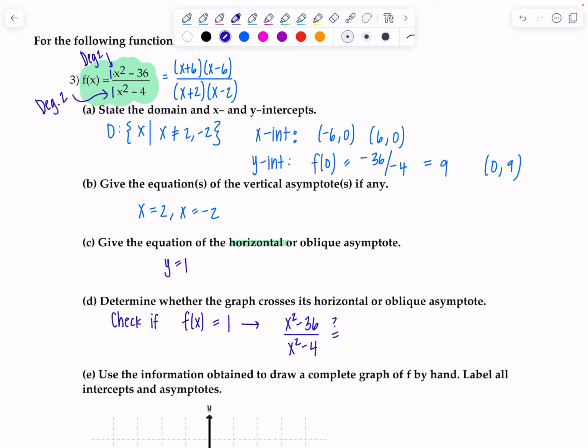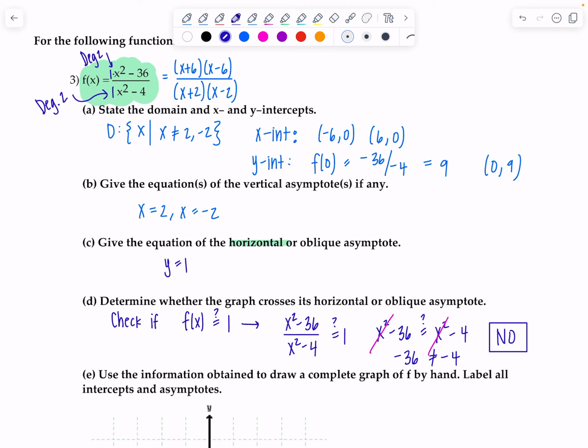Does that ever equal 1? I should put a question mark. So if I just multiply x squared minus 4 over x squared minus 36, does that ever equal x squared minus 4? You can cancel the x squareds out on both sides, and then you can see negative 36. No way, that doesn't equal negative 4. So that means no, the graph does not cross its horizontal asymptote. Okay?